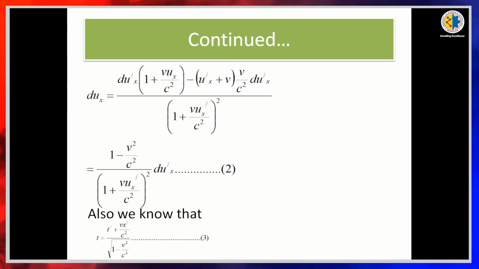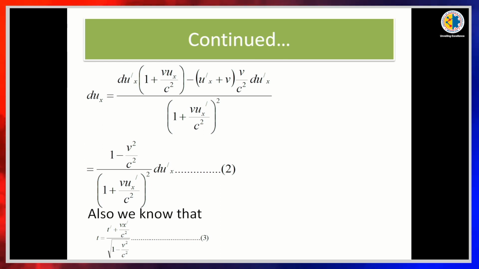Also we know that t is equal to (t' plus v x' by c square) divided by root over 1 minus v square by c square. It is equation number 3. In the Lorentz transformation equations we get four equations: x' is equal to (x minus v t) divided by root over 1 minus v square by c square, y' is equal to y, z' is equal to z, and t' is equal to (t minus v x by c square) divided by root over 1 minus v square by c square.